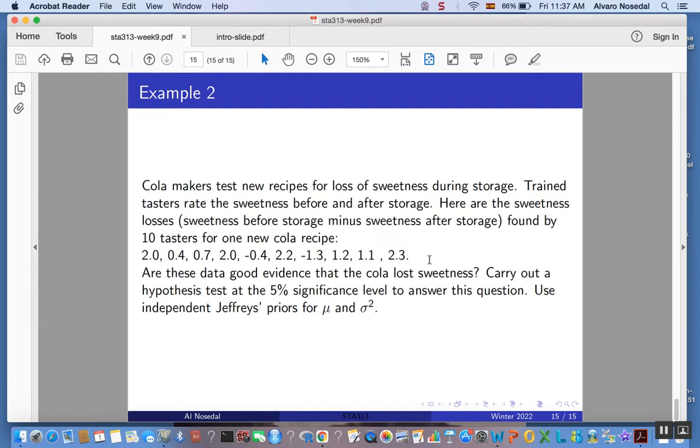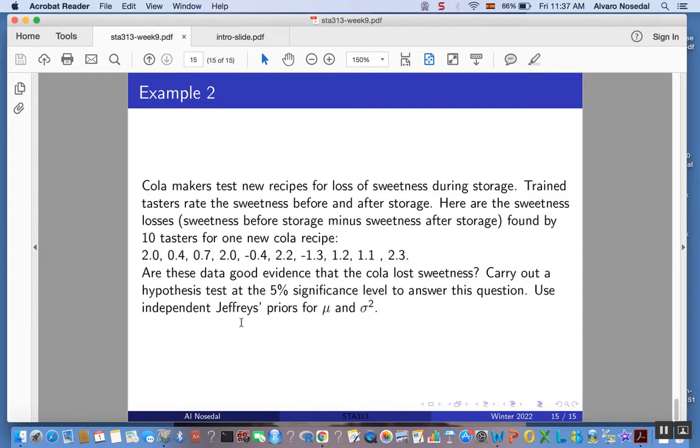First, we're going to assume that these 10 numbers come from a normal distribution with unknown mean mu and unknown variance sigma squared. So we have these two unknown parameters.